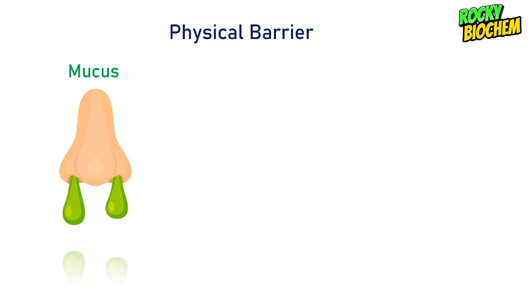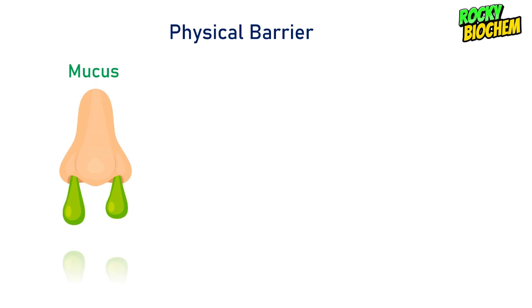Other physical barriers that we can discuss include the mucus, like the mucus found in the nose, or the mucus secreted by the goblet cells in the mucosal membranes, which has the ability to trap dust particles that might potentially contain microorganisms.